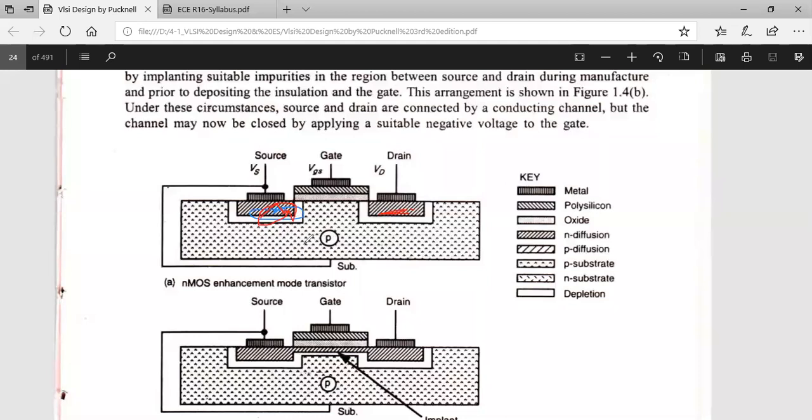First and foremost, you should know this is a P-type substrate, which is a lightly doped one. And in that, with the help of the diffusion process, I am forming this N plus source and N plus drain.